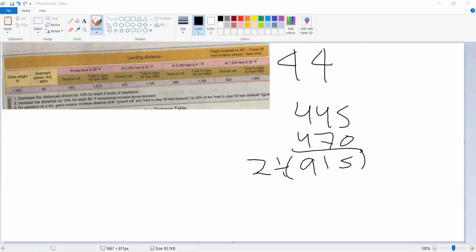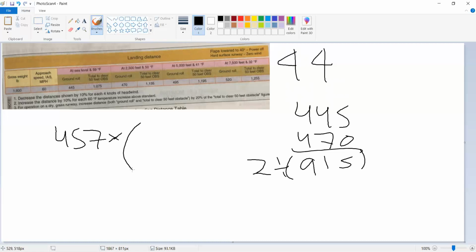So 2 into 915. So we get 457.5. In the book, they left it as a whole number. So we have 457, and we need to multiply that.